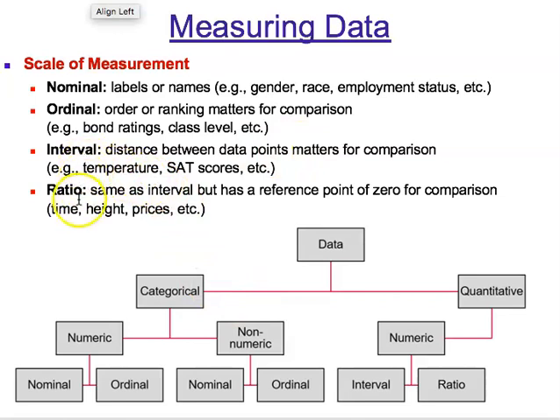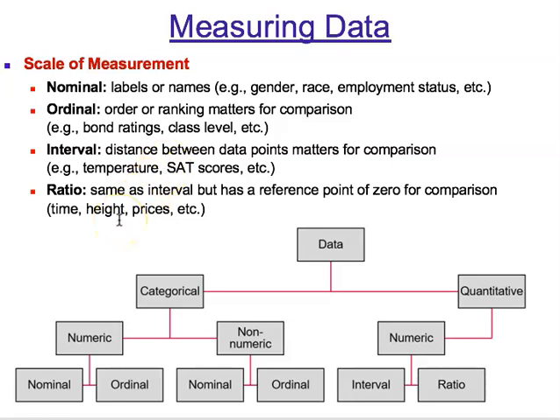With interval and ratio scales, we have similarities. They're both measuring the distance between data points. For example, temperature. If we look at 50 degrees versus 100 degrees Fahrenheit, that's a difference, and the distance between 50 and 100 matters.